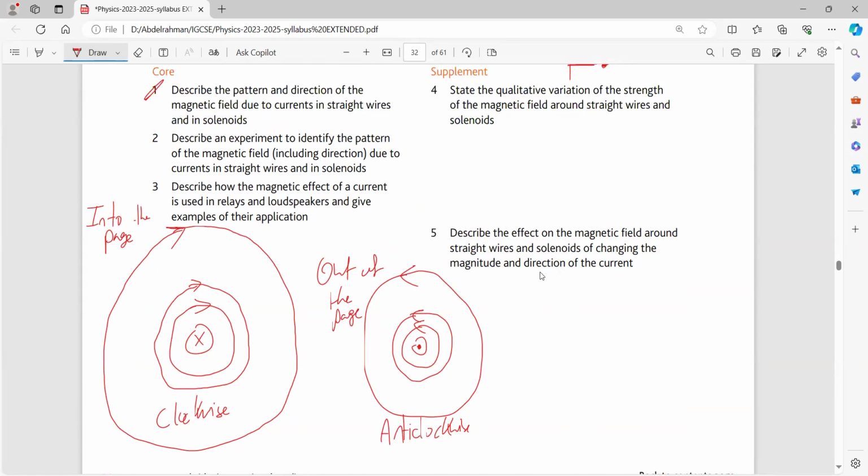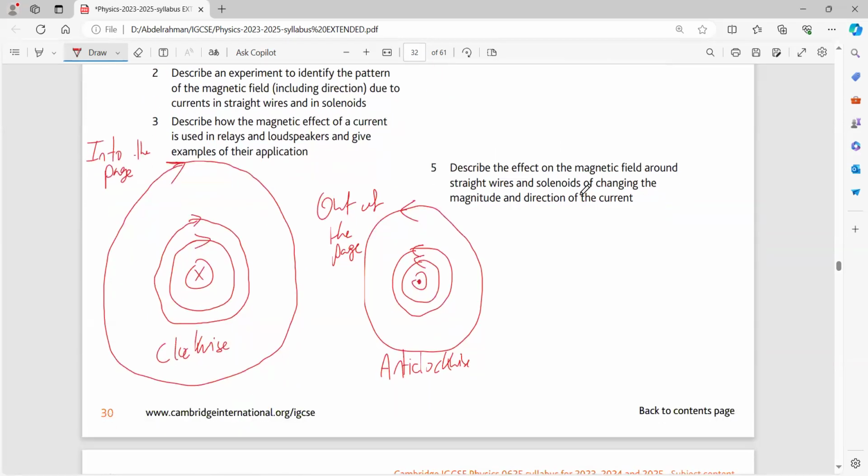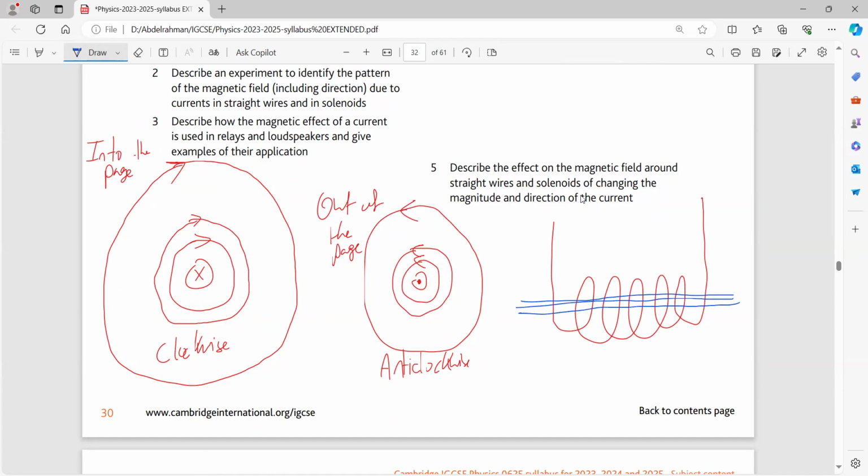Solenoids. How is the magnetic field generated inside the solenoid? If this is a solenoid, in the center of the solenoid, the magnetic field lines are straight. Outside the solenoid, what happens is that they start to curve this way.